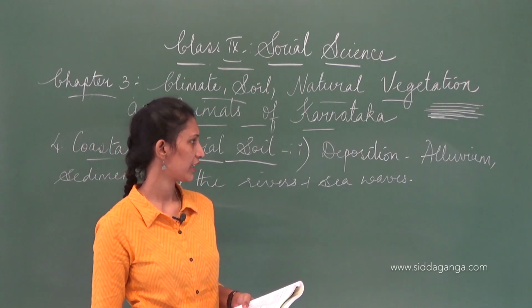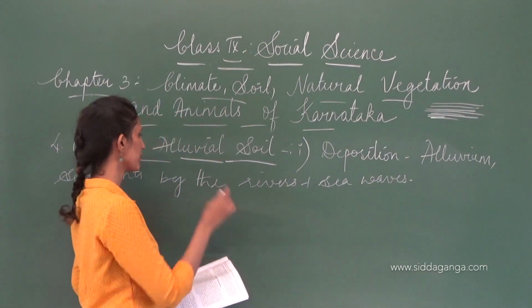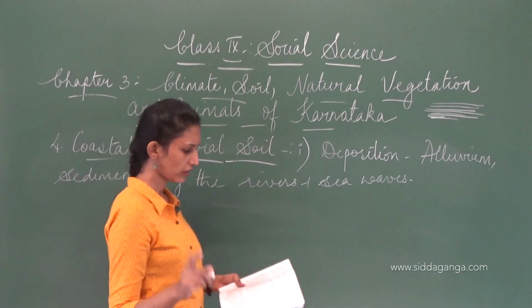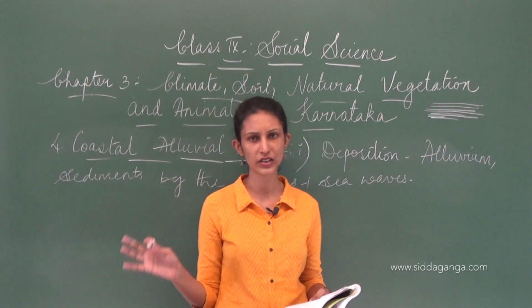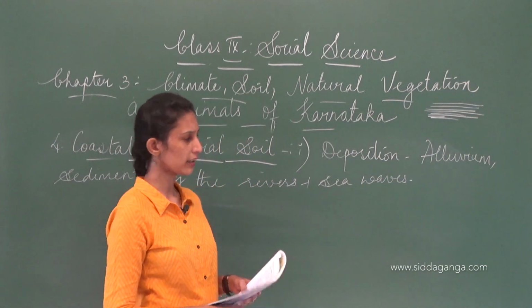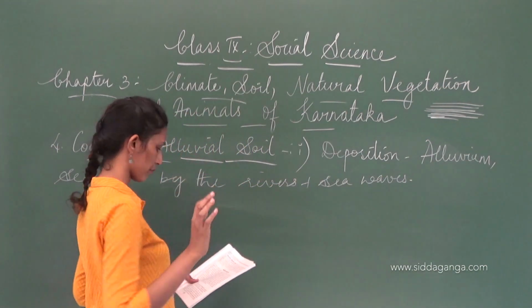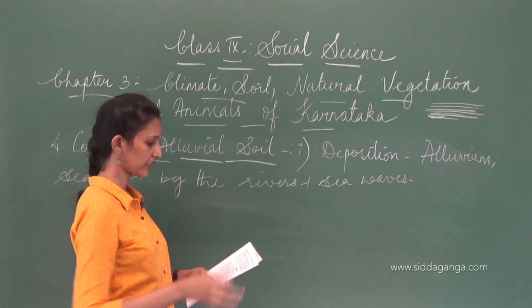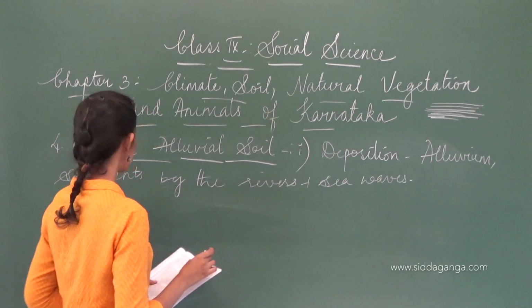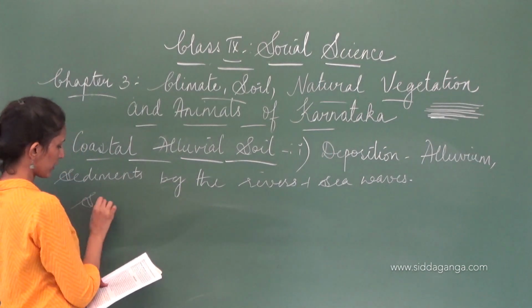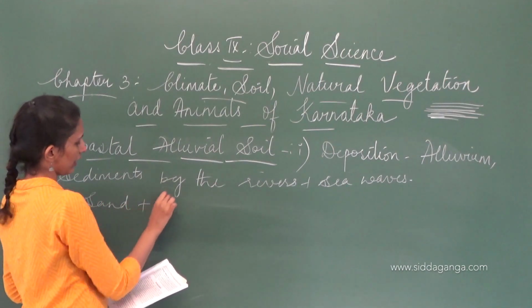Now where can you find it? The name itself suggests coastal alluvial. So write the names of the coastal areas. Udupi, Dakshin Kannada and Uttar Kannada are coastal areas, and it's easy for you to remember. They have this kind of soil. This soil consists of sand and clay.